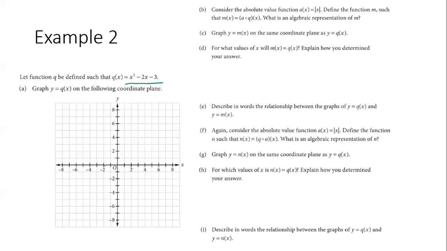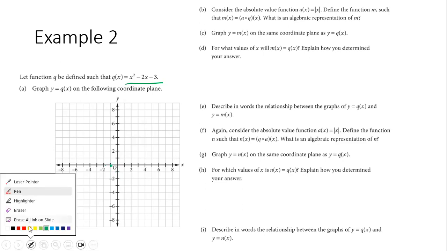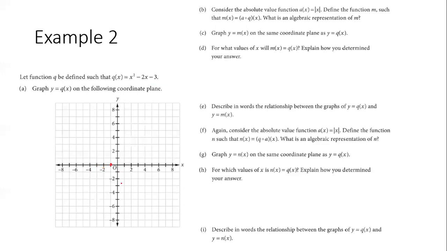Okay, what are my points again? -1, 0. 0, -3. What else? 1, -4. And 3, 0.